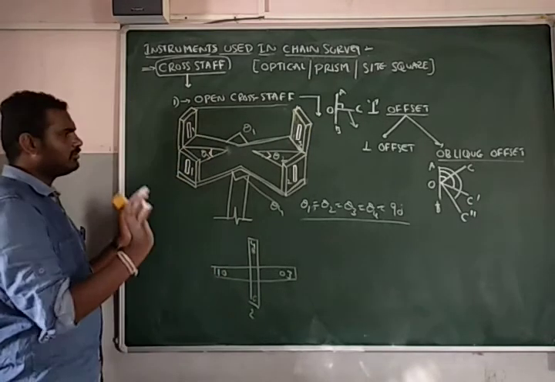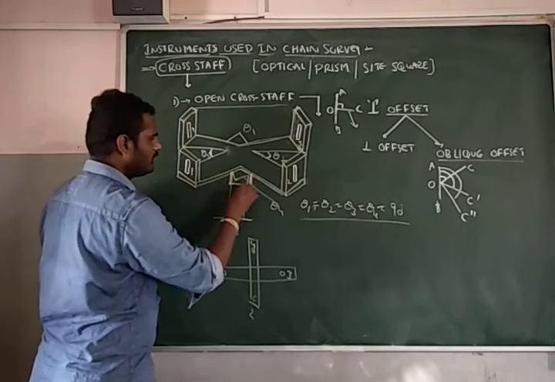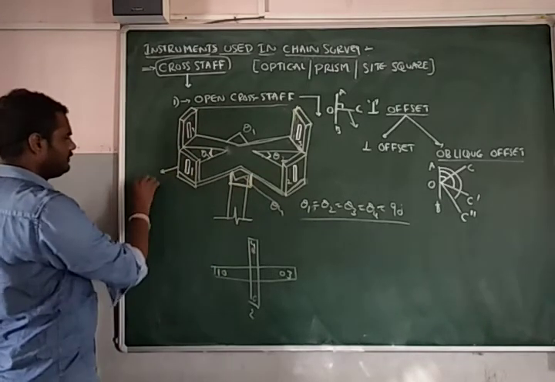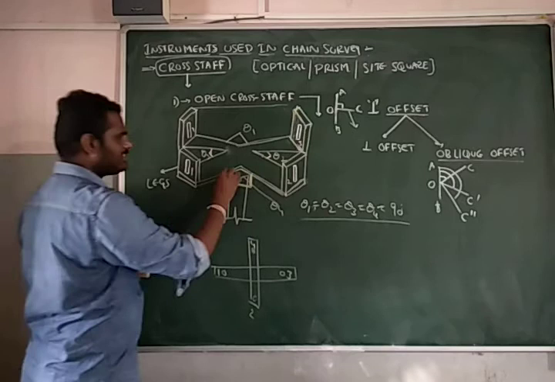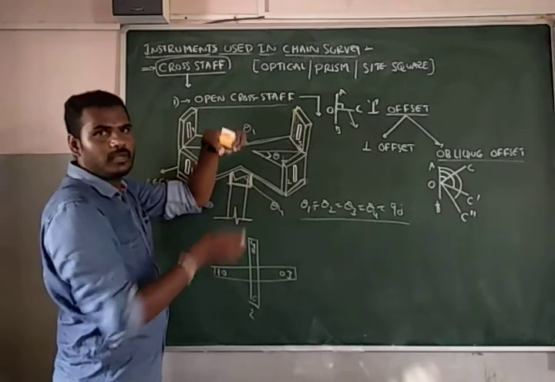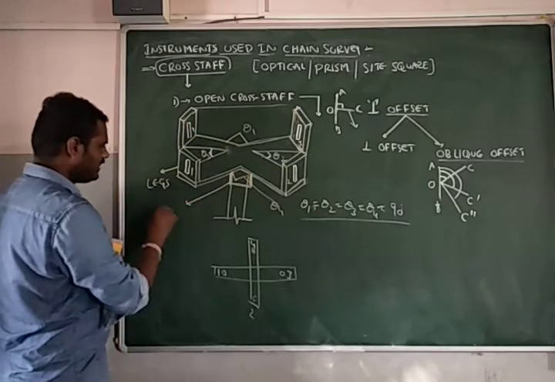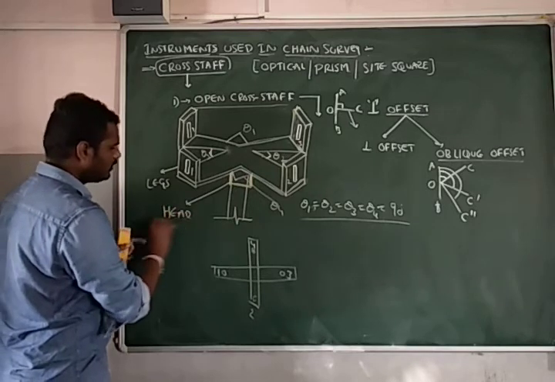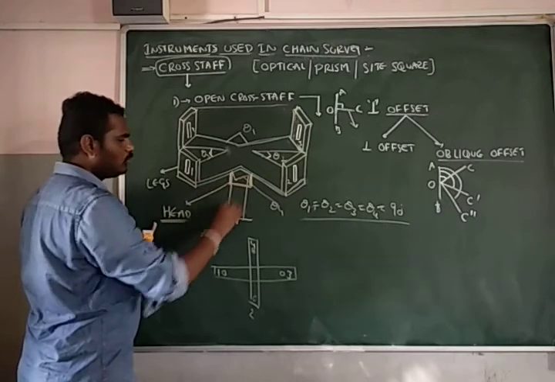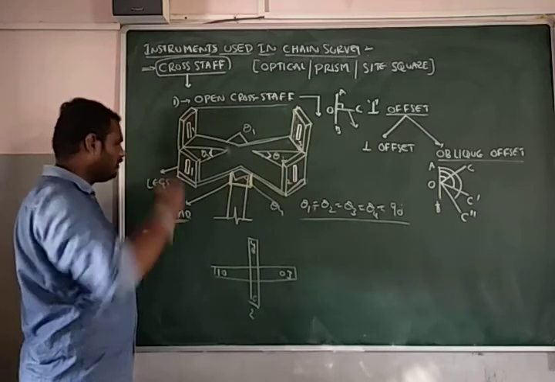Now I will tell you the parts of this open cross staff. It has two parts. These four are known as legs. At the bottom you have one hollow section to fix or mount it over a wooden rod or a steel rod. We call this the head. The head of the open cross staff is used to mount it over a wooden or iron rod at the level of the viewer.